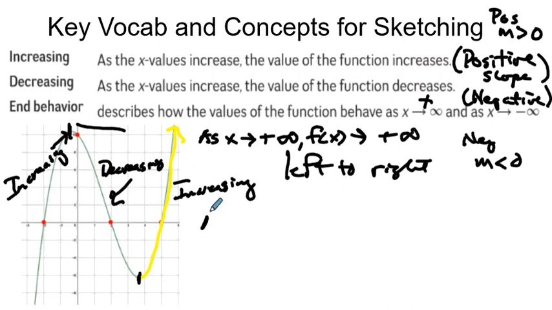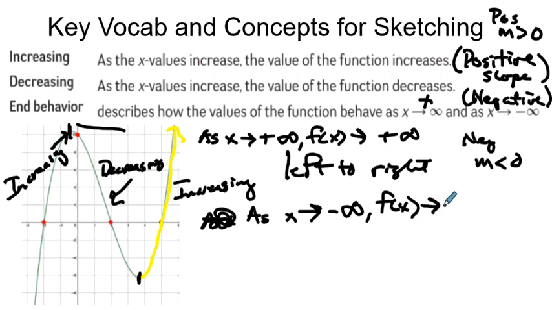And then your other one, I'm writing it below this, as x goes to negative infinity, so now we're talking about as this thing goes this way to the left, f of x also goes to negative infinity, all right?